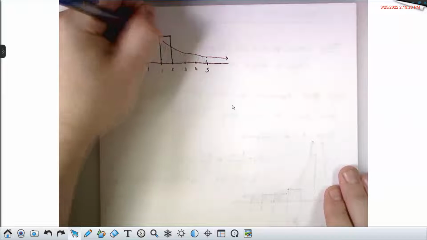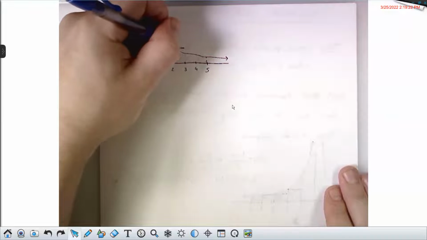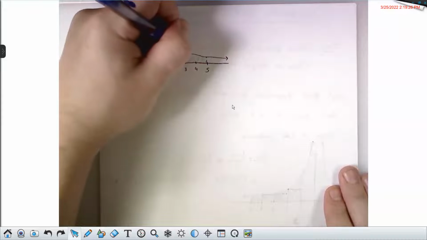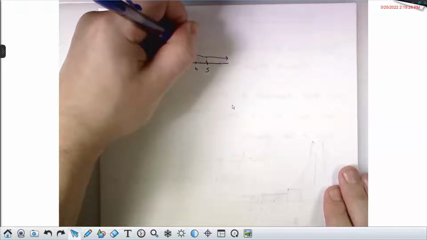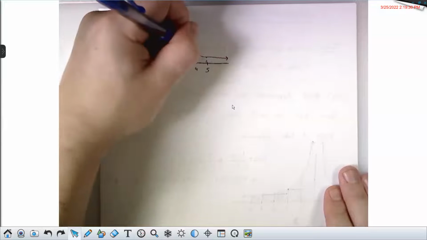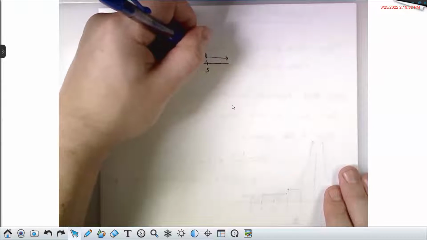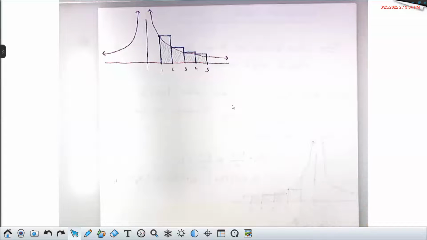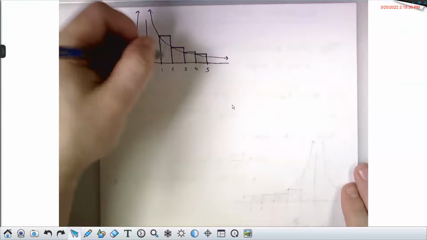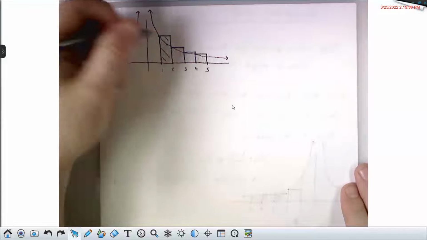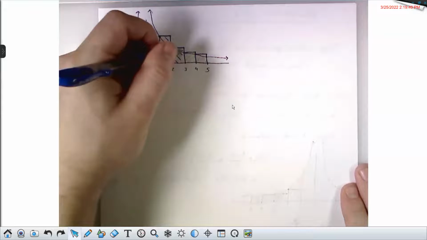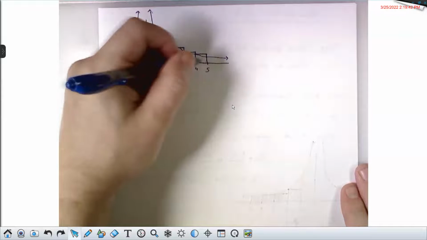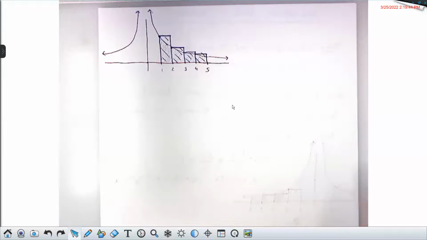So the height coming from over here, height coming from over here, height coming from here, and the height coming from here. And this one we can see is going to be an overestimate. There's lots of blue stuff that is outside the pencil shaded area.